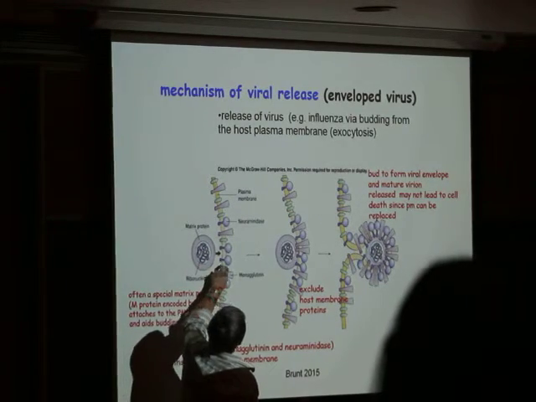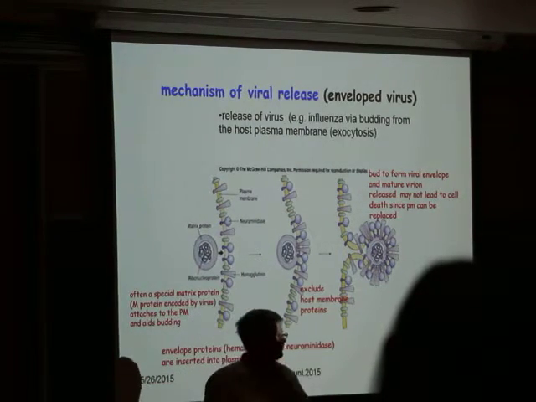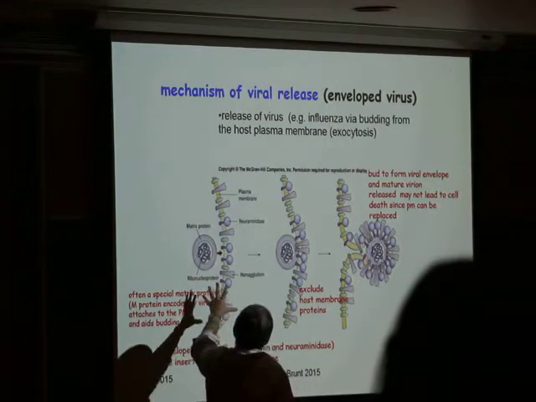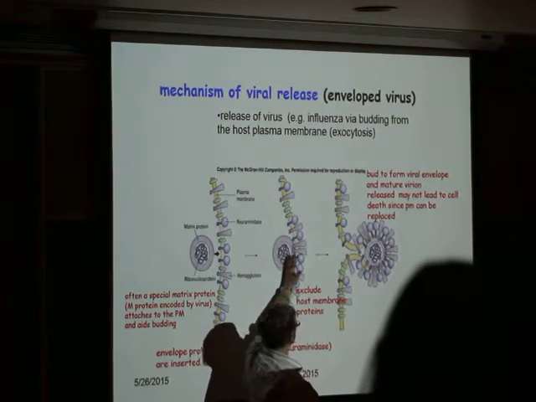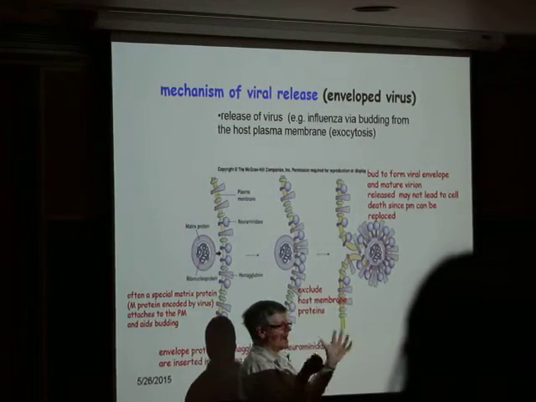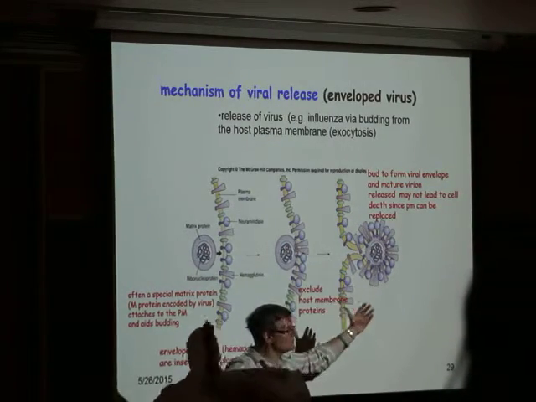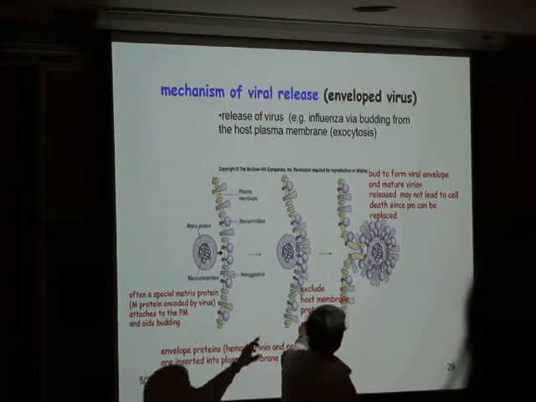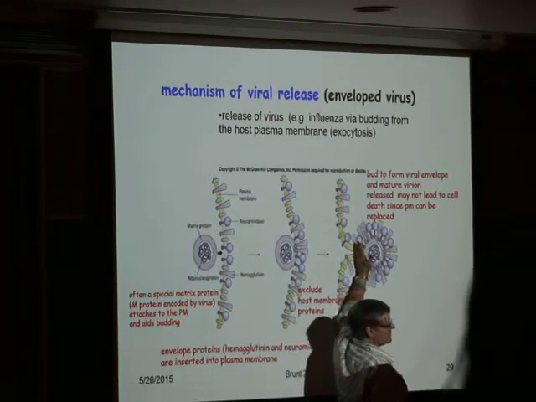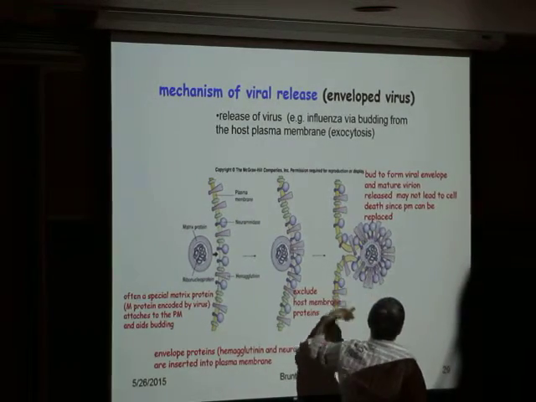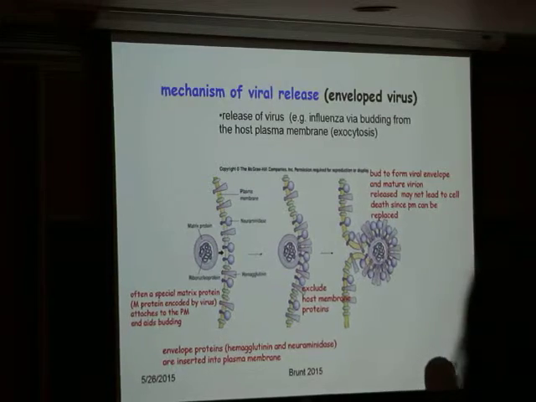And in green is host proteins that are also embedded in the membrane. So you notice as this virus approaches the membrane to be exocytosed, notice what happens to the green proteins. They're being excluded from that region such that when the virus pinches off, there is no host protein associated.